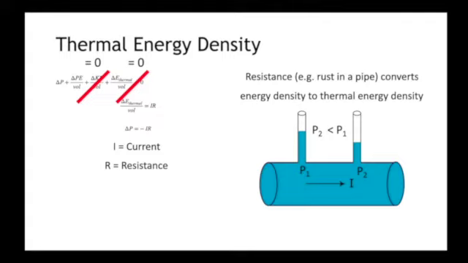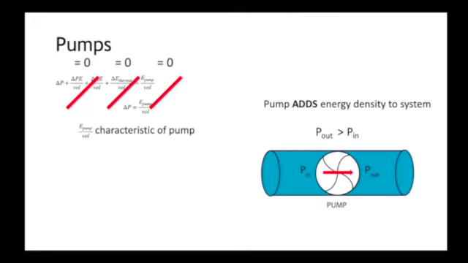The opposite of that is a pump, which adds energy density. So this is just kind of like the opposite of thermal energy dissipation, in that it injects pressure into the system, injects energy density, but unless you put another pump that's facing the opposite way to take it out, it's just kind of added to the system.